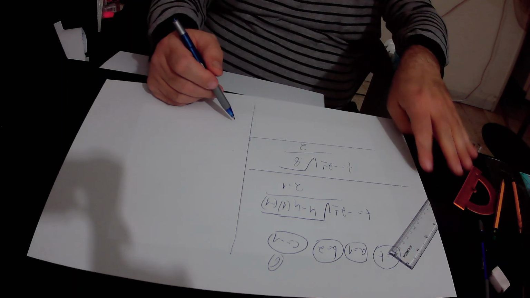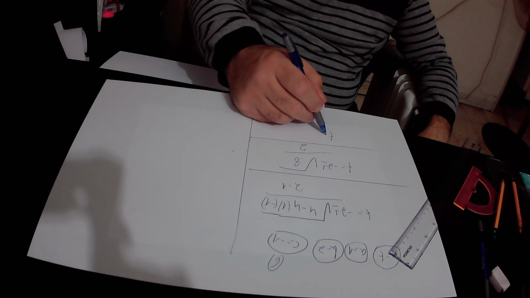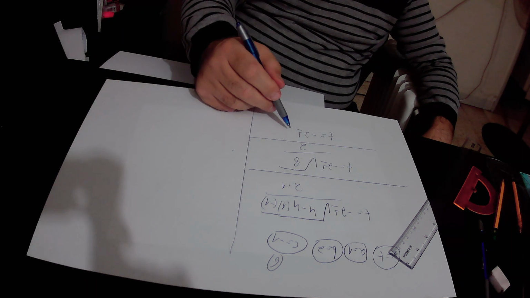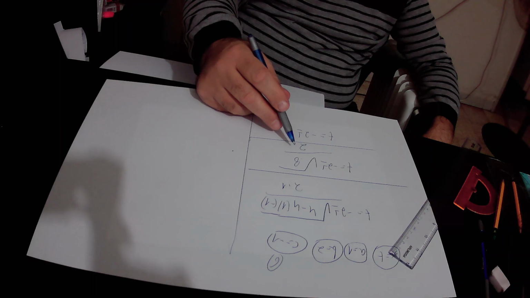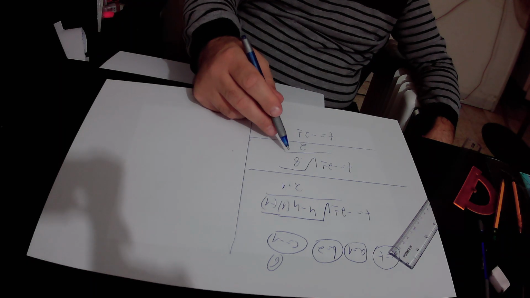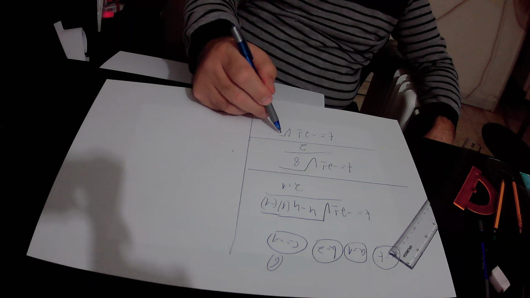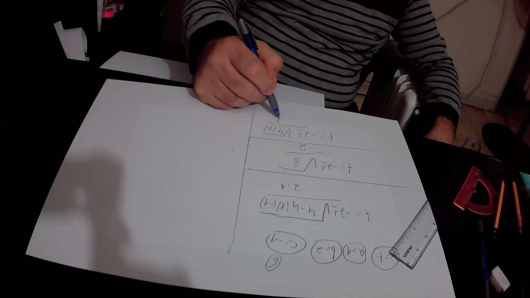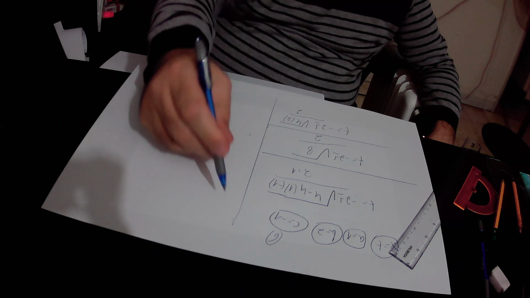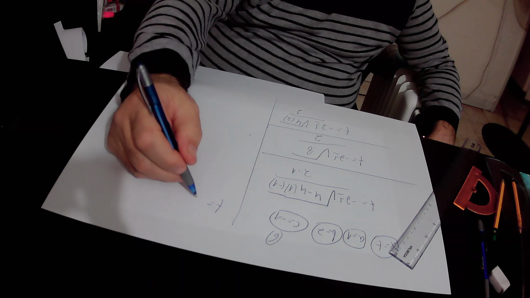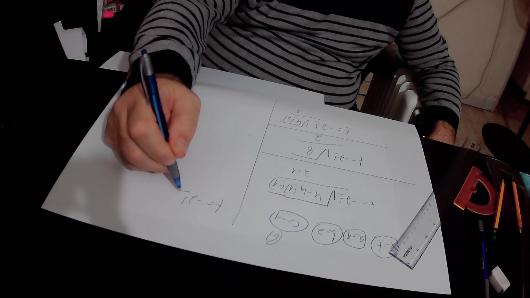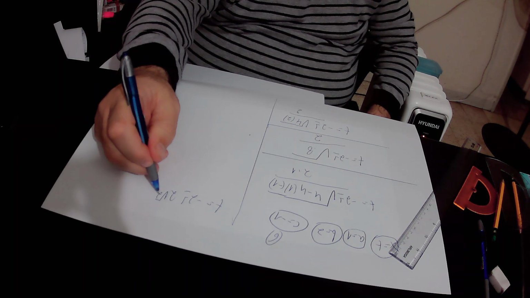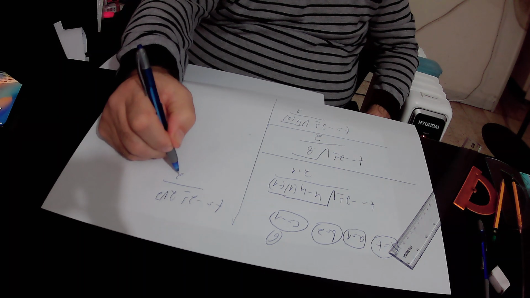So t equals minus 2 plus minus the square root of 8. 8 is 4 times 2, so we substitute 8 by 4 times 2, over 2. So t equals minus 2 plus minus the square root of 4 is 2, so inside the root we are left only with 2, over 2.